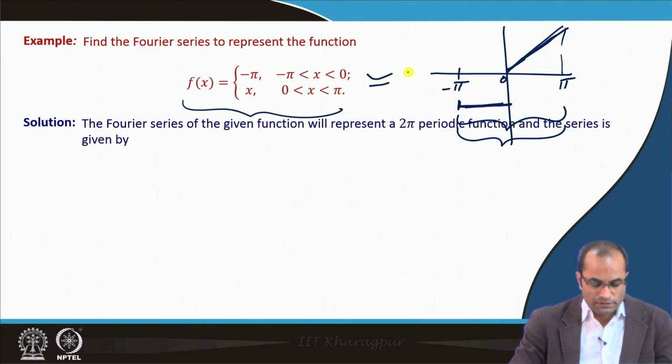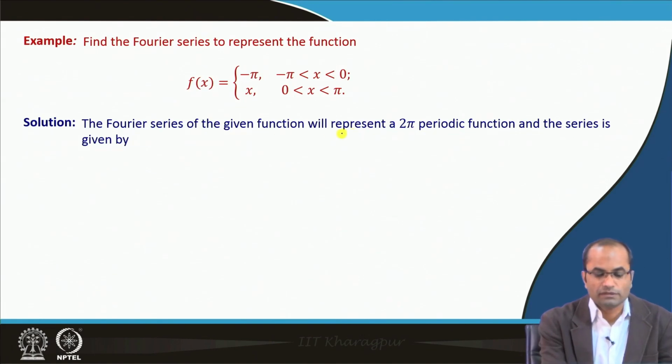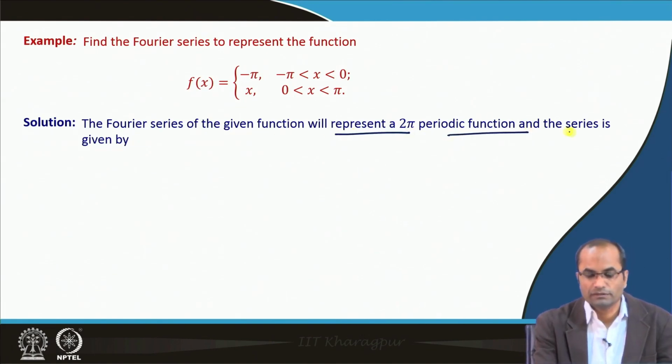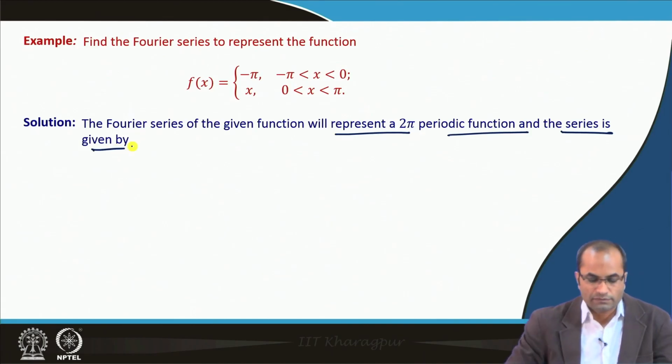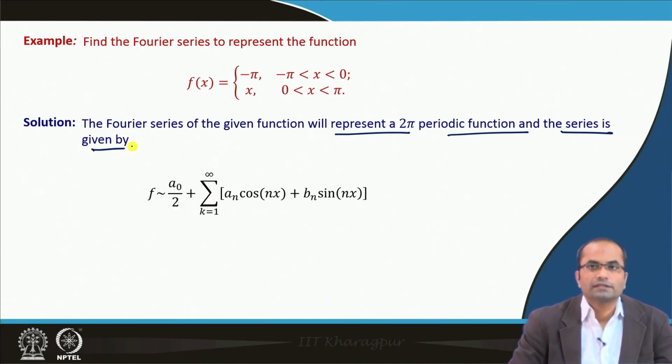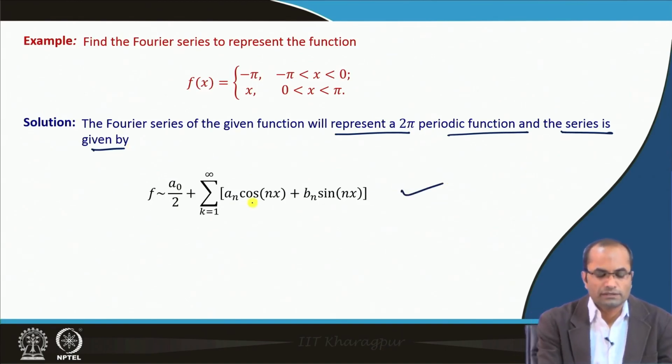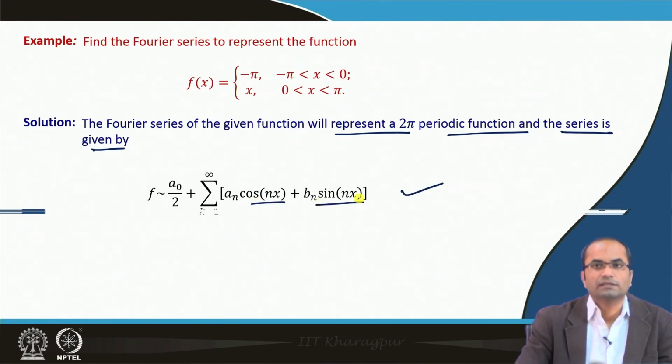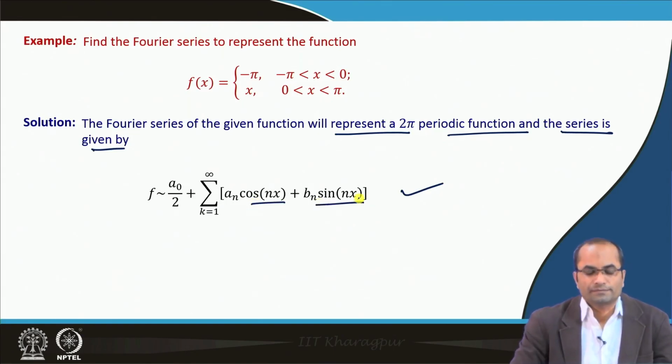So, the Fourier series of the given function will represent a 2 pi periodic function, and the series is the standard series, because we are talking about a 2 pi periodic function. In this case we have written this standard series with a n cos n x and b n sin n x.